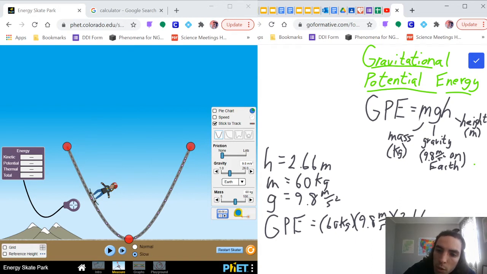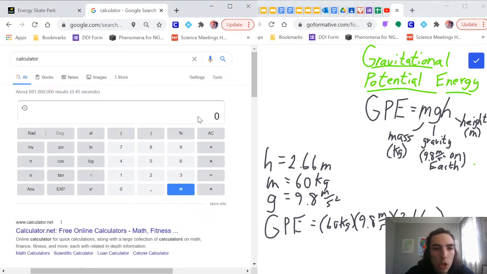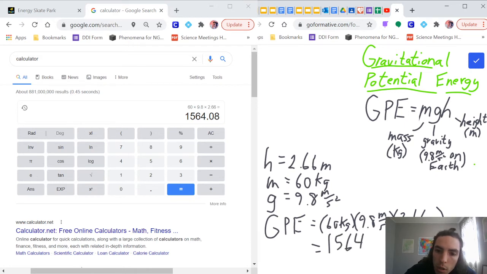2.66 meters. Okay, let's use my trusty Google calculator to find that. 60 times 9.8 times 2.66. And what this is telling me is that the potential energy at this height is 1564.08.